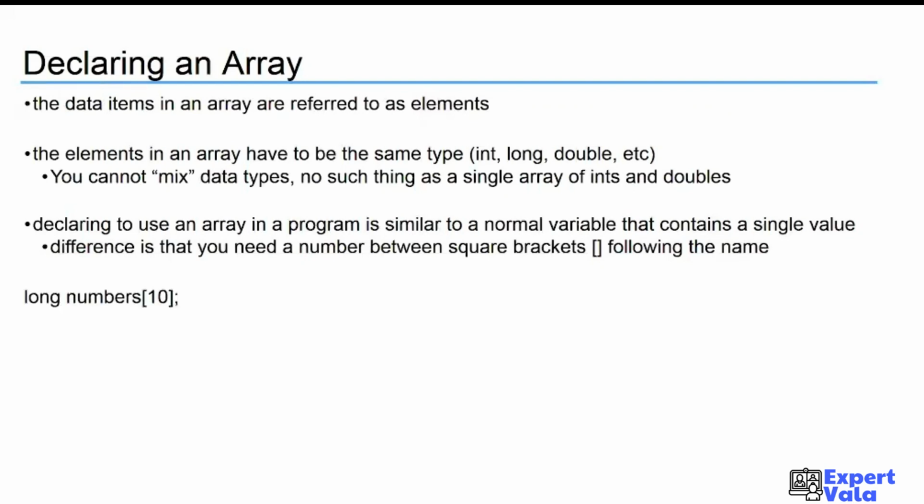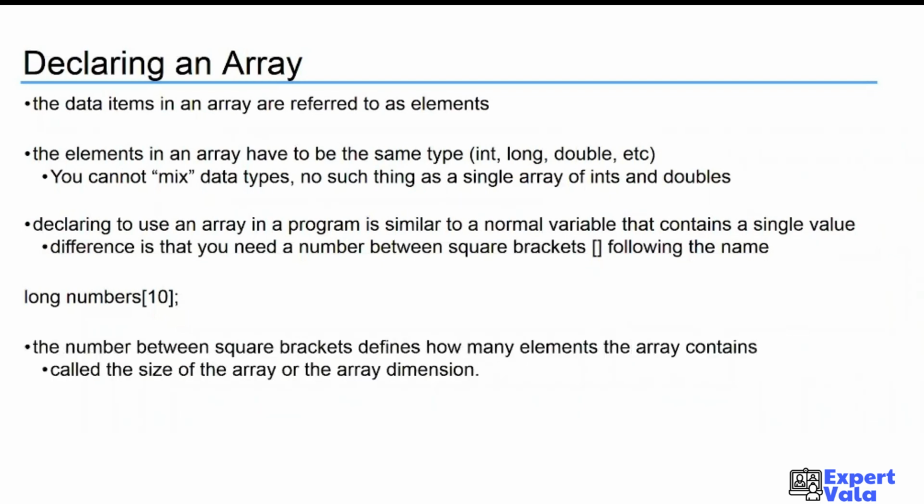Here's an example. This looks like a normal variable declaration, but what you see here is you have these brackets. That's the one thing that's not normal, and there's a number inside them. The number inside the brackets is specifying the size. So here we are just saying we are going to create an array named numbers of type long that's going to contain 10 elements.